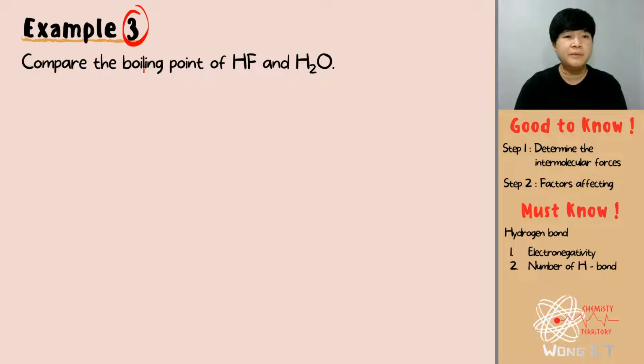The next example that we are going to look at is to compare again the hydrogen fluoride, your HF. But in this example, we are comparing the HF with our water molecule. Okay? Knowing that your HF over here and your H2O over here, both have hydrogen bond.